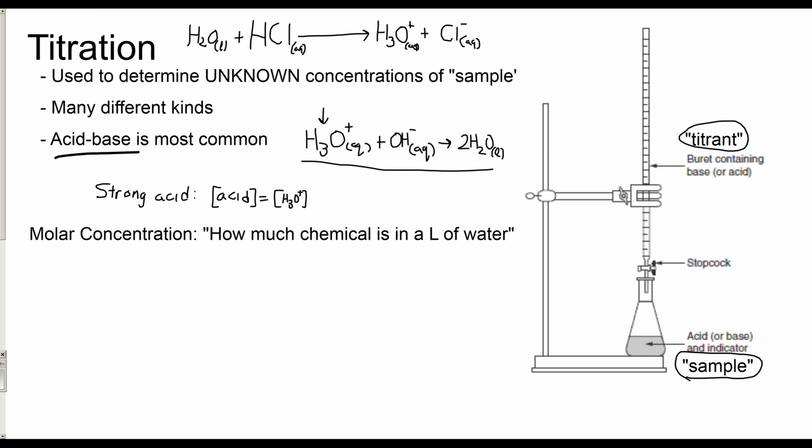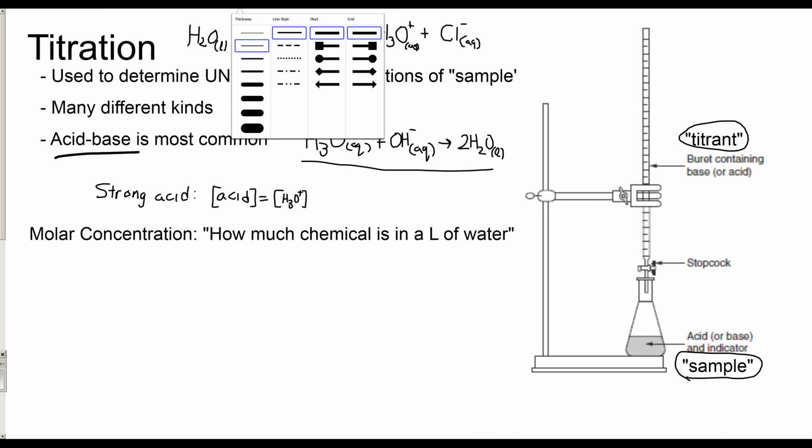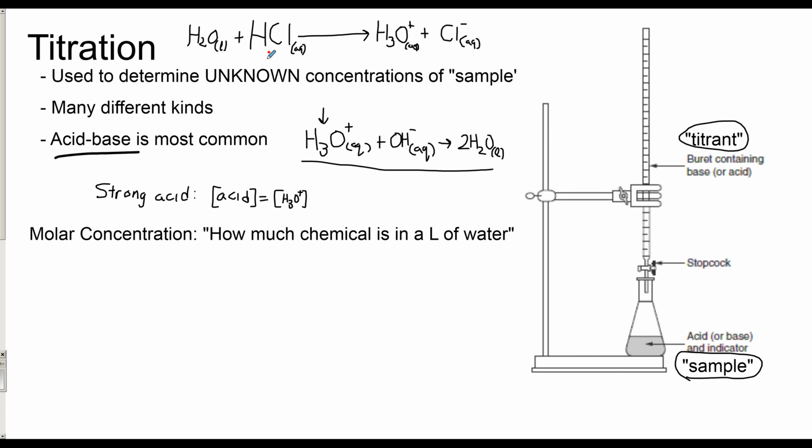So if you remember our Bronsted-Lowry acid-base reactions, HCl in this case is for sure going to be my acid. It's going to be the H plus donor, proton giver. Water is going to be my proton taker. And so my acid, HCl, is going to turn into the conjugate base. And my base, water, is going to turn into my conjugate acid.